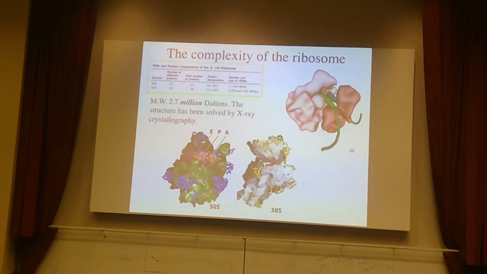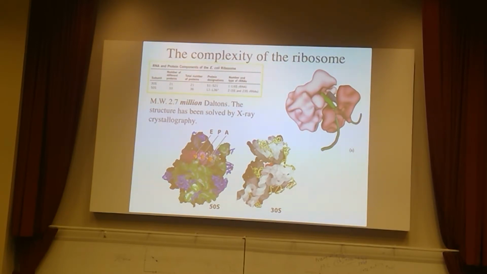The ribosome is super complex. We don't need to get into the details today. We'll do that in fairly painstaking detail on Thursday, but it's a massive piece of machinery. 2.7 million Daltons, and occasionally I've described to you guys cases in which I've been completely overwhelmed with the scientific discovery. This was one of them, when they provided the X-ray crystal structure of the ribosome. I thought that there were limits to structural biology.